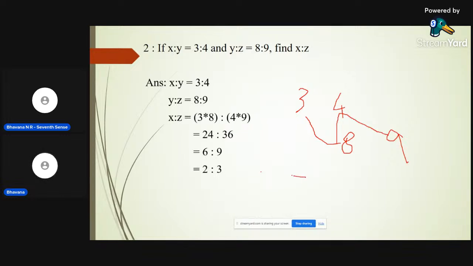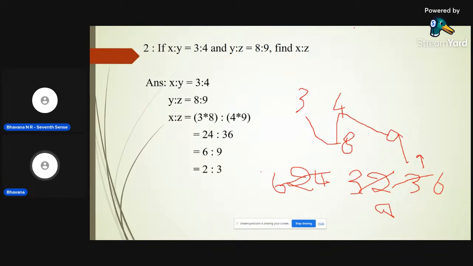3 8s are 24. Then 4 8s are 32. Then 4 9s are 36. Right. So now we can divide by 4, 4 nines and 4 eights.